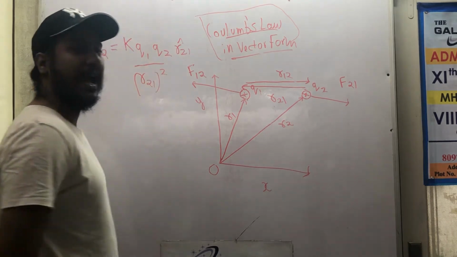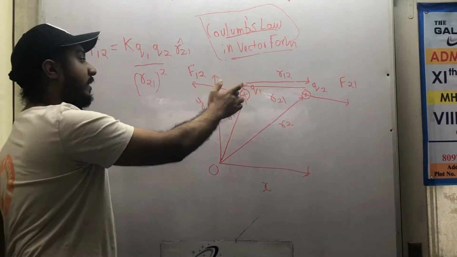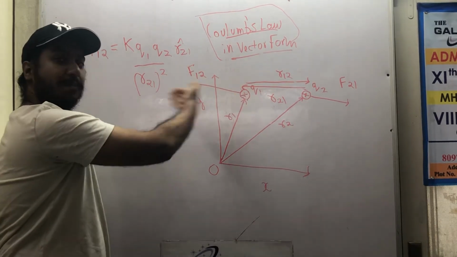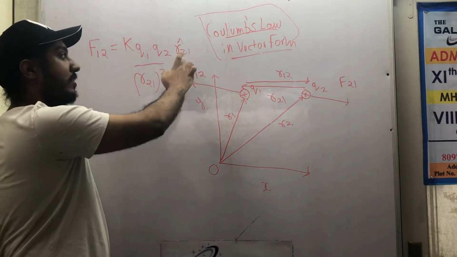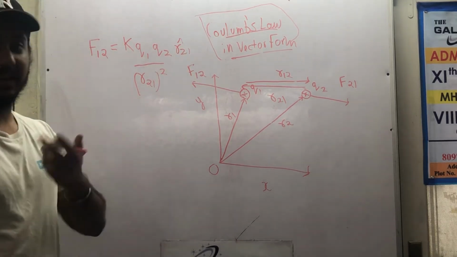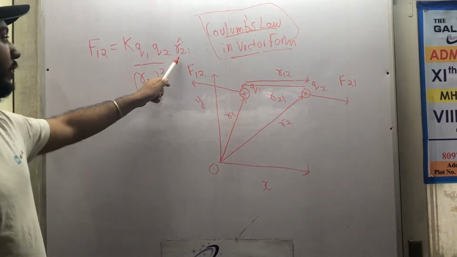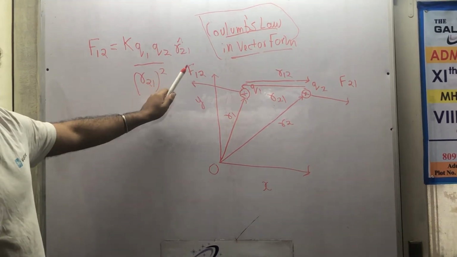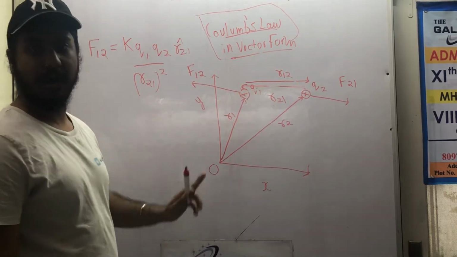What does R21 cap indicate? That this is a unit vector of R21 in this direction, so this will indicate that this force is in this direction. Because force is a vector quantity, I have told you already, so we need to indicate the direction. So R21 cap indicates the direction. It is in the direction of unit vector of R21.